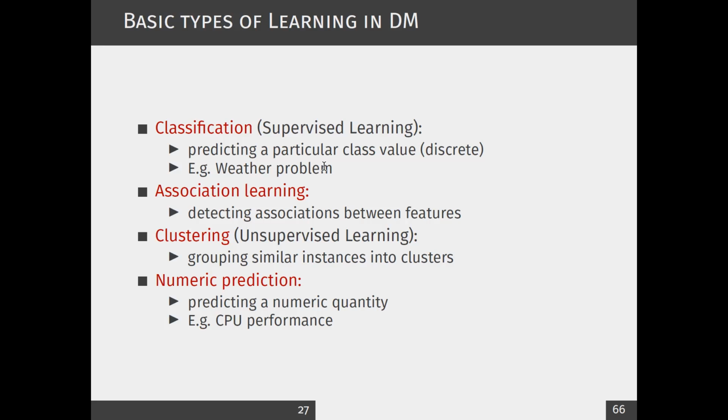And all the others are the other features. Then the second one is association learning, detecting associations between features. And then we have clustering, we can identify similar groupings. And then we have numeric prediction, that means you predict a numerical quantity.